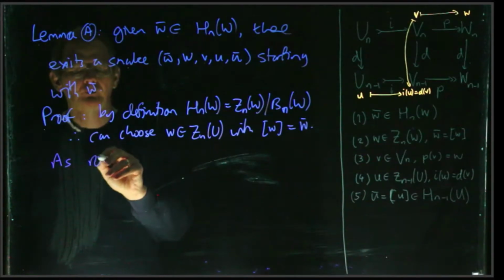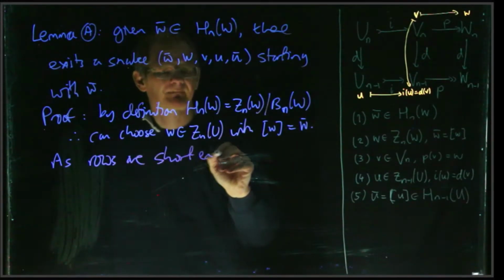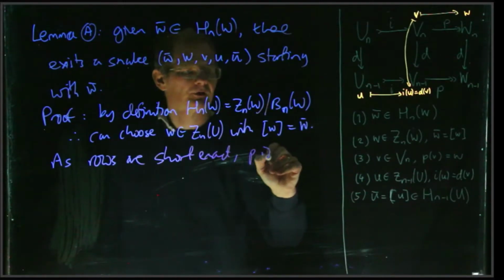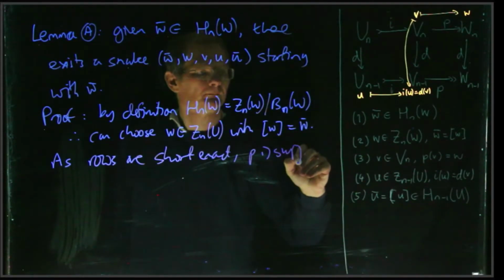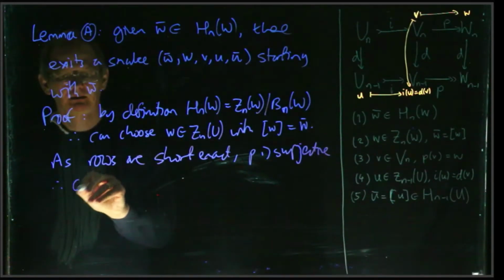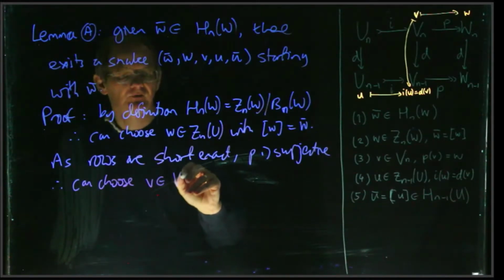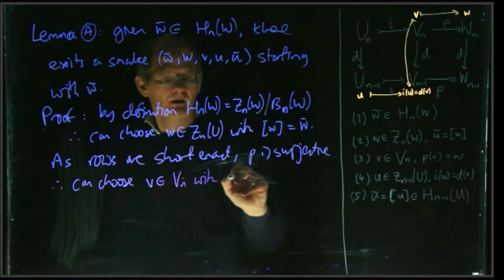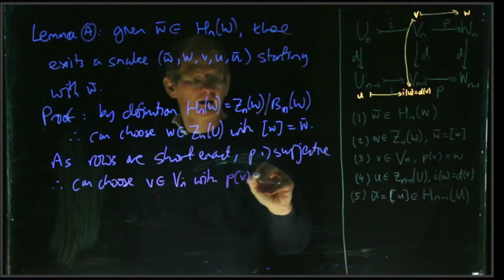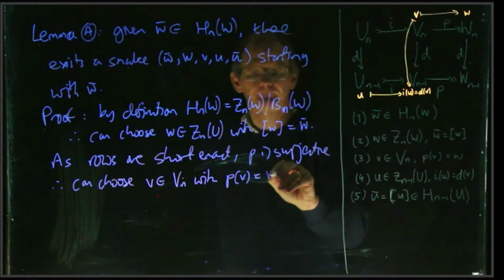As the rows are short exact, p is surjective. Therefore, we can choose some v in Vn with p v equal to w.